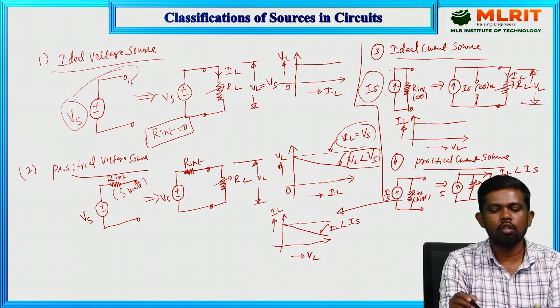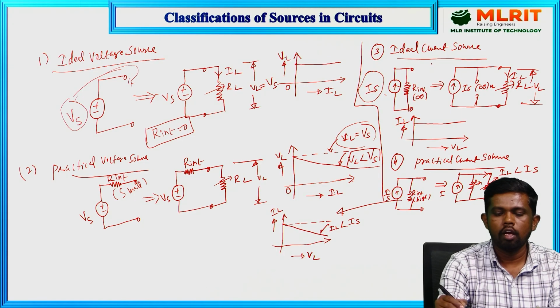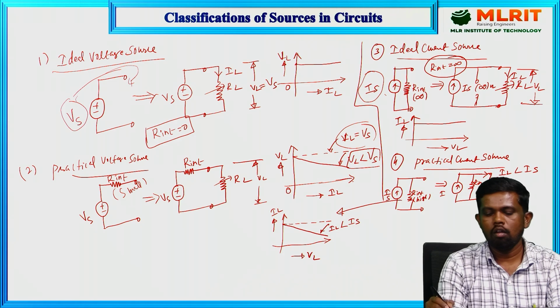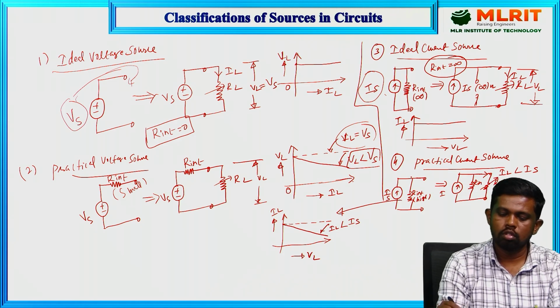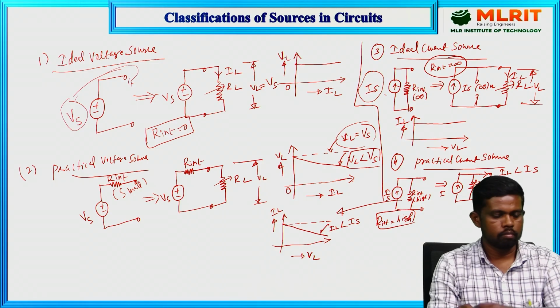The ideal current source always presents infinite resistance across the source, meaning its internal resistance is infinite. The practical current source presents a very high value of internal resistance across the source. So these 4 points we need to observe.